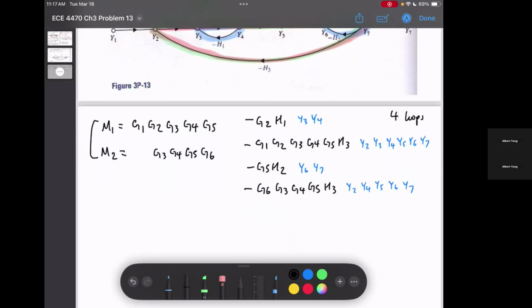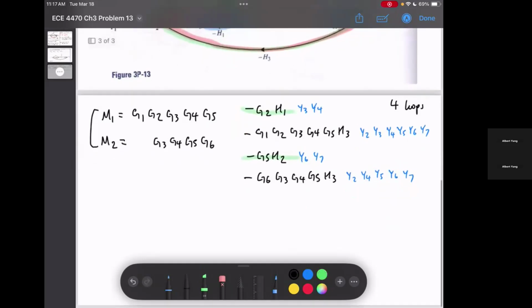So for these two, there's Y3 and Y4, so it's not going to be a pair. But these two don't share any of the same nodes. So one of the non-touching pairs would be G2H1 and G5H2.